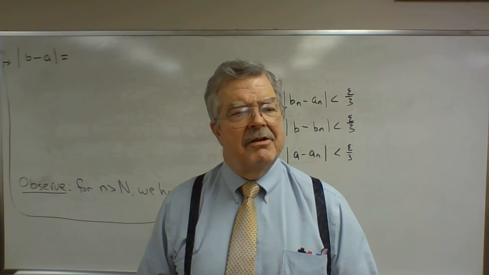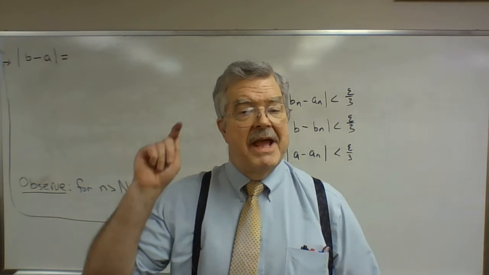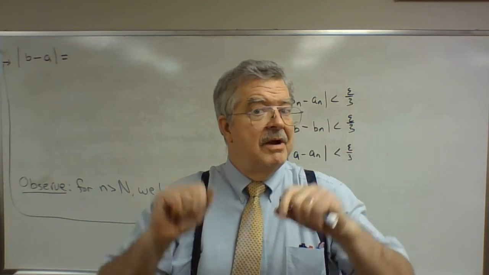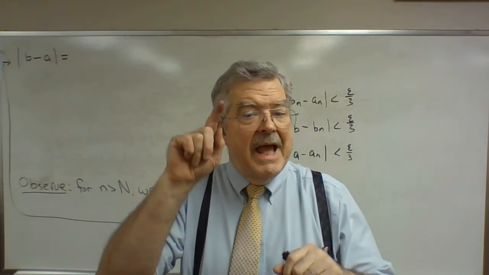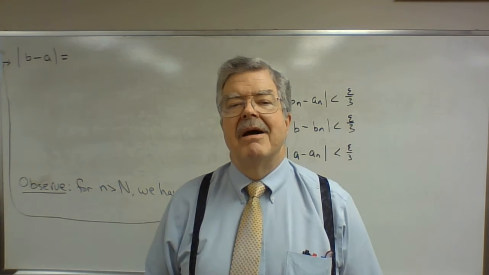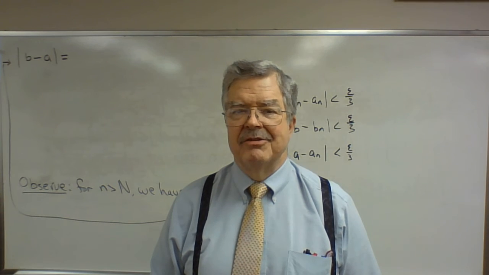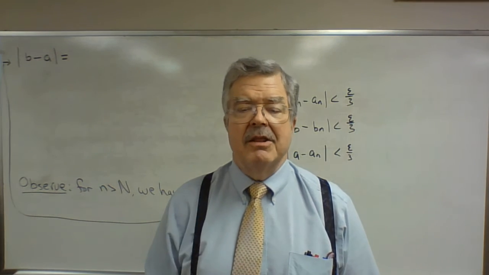Now, if you're thinking back to real analysis 1 and thinking, well, we can just add an a sub n and then subtract it right back, and we can add a b sub n and then subtract it right back, then you learned well in Cal 1, in real analysis 1. This is exactly what we're going to do.